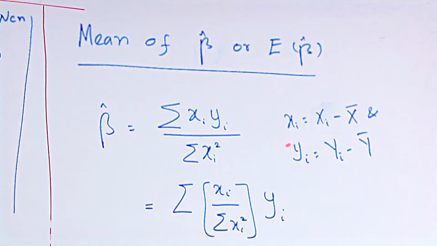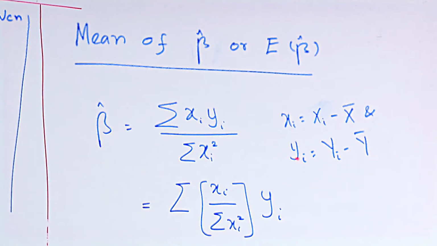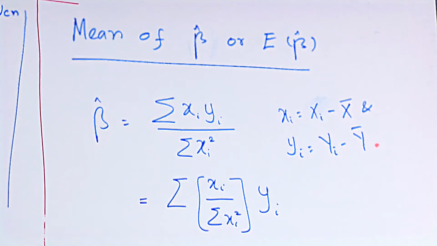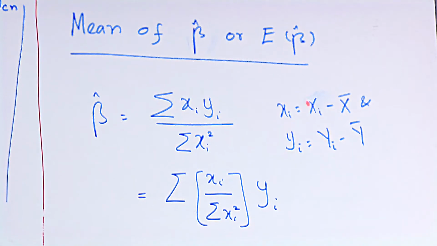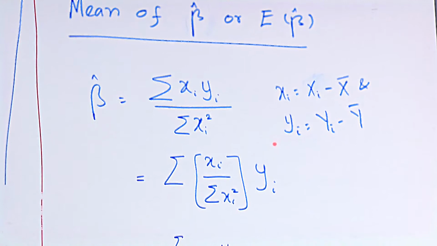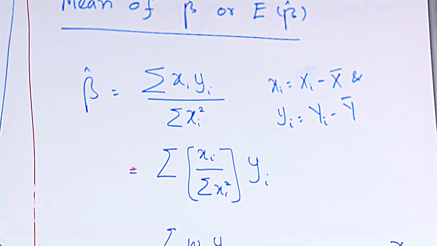Here small xi is equal to capital Xi minus x bar, and small yi is equal to capital Yi minus y bar, as these small xi's and small yi's are the deviations of the original observations from their means.